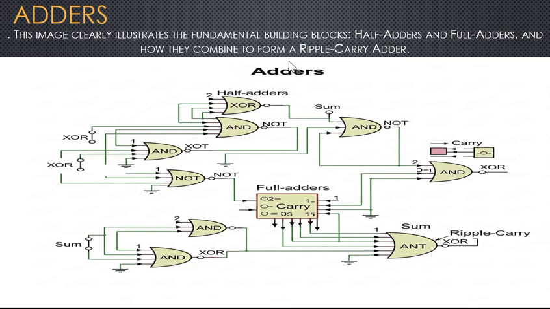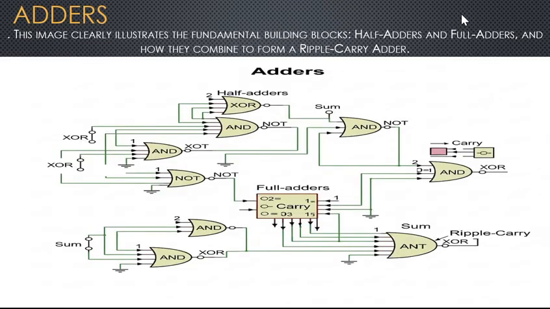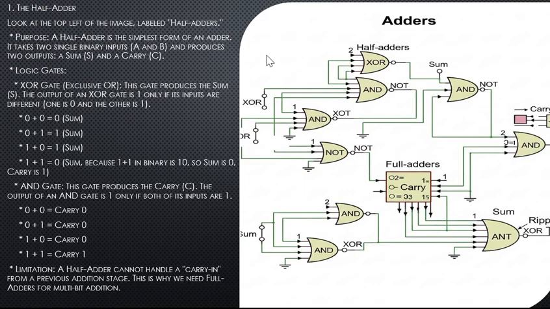This image clearly illustrates the fundamental building blocks, half adders and full adders, and how they combine to form a ripple carry adder. The core function of an adder is to perform binary addition. Let's look at the half adder.